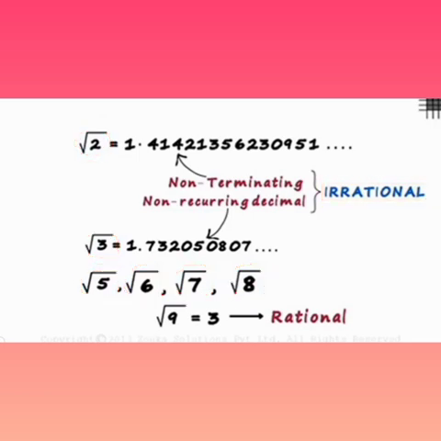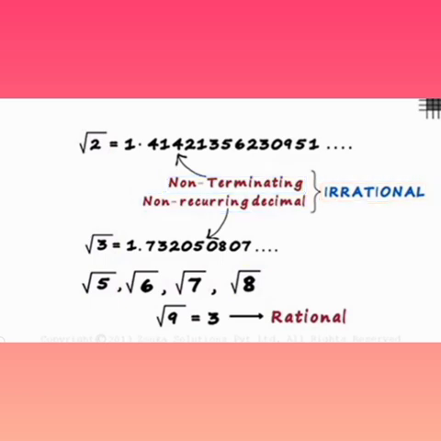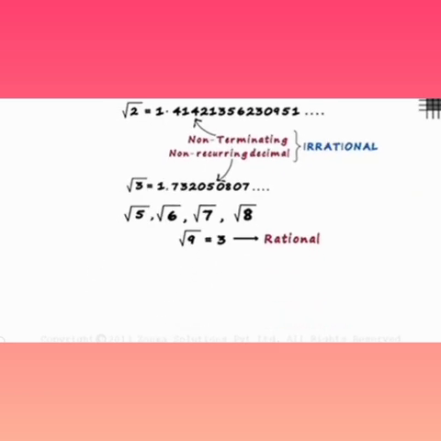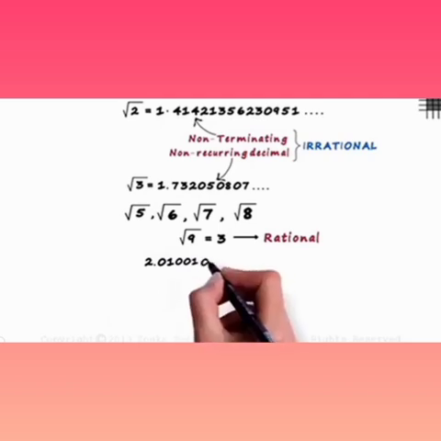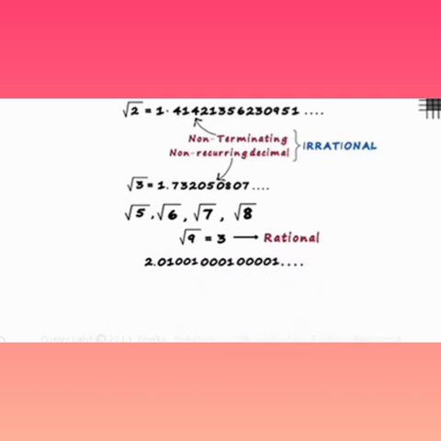Here's the interesting part. If you know these 2 points well, you can even form an irrational number by yourself. Let's see how. We have to form a number which does not end and does not repeat any pattern. Something like 2.01001, 0001, 00001 and so on.